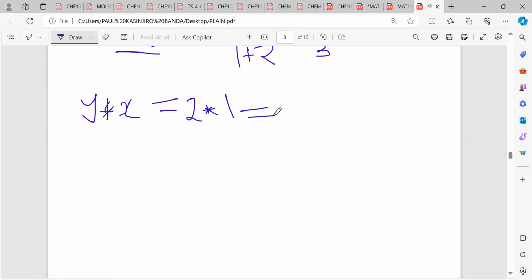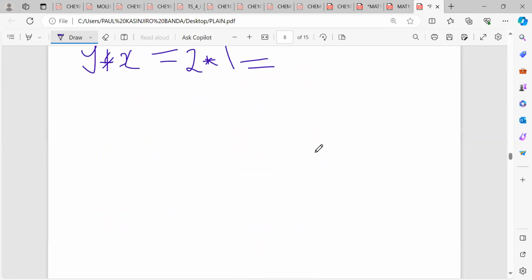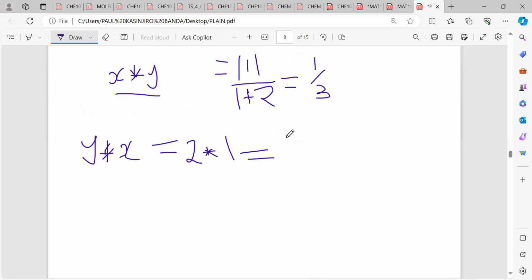Following the same law here, wherever we see a y we put x, and wherever we see an x we put y. We're just putting them in the opposite way. So on top, instead of y minus x, we have x minus y, over 1 plus y multiplied by x, where before we had x multiplied by y.